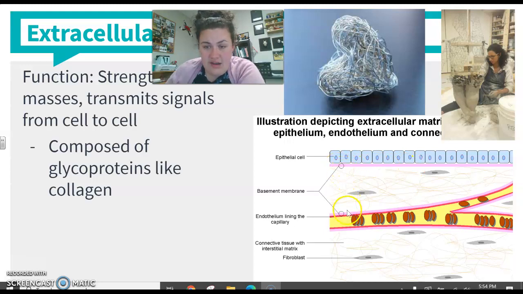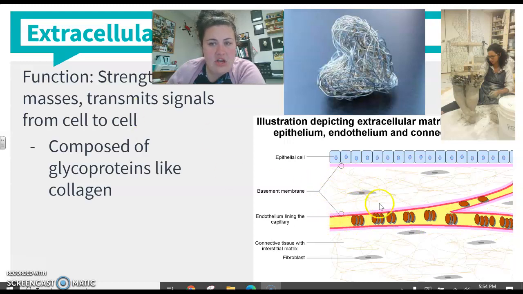And then you just kind of have some empty space here. Okay, just some connective tissue. It's literally just going to be glycoproteins like collagen, okay? And then you've got these little fibroblasts in here. These are cellular, but there's just empty space in here. It's not empty. It's full of these proteins that are giving it structure. And then you have some cells here and cells in here as well.